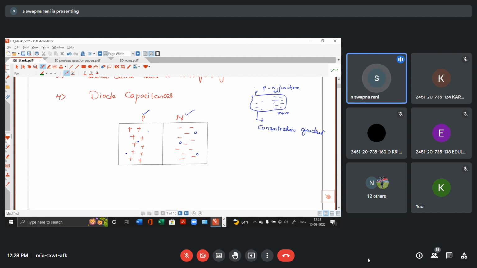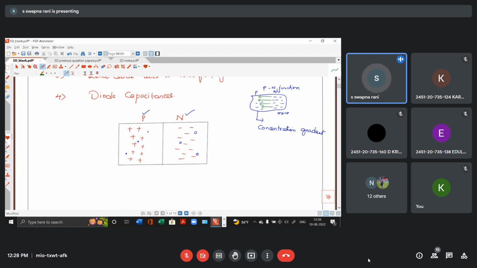Here electrons are more on the N side and fewer on the P side. If this is the case, generally the charge carriers will tend to move from the high concentration region to the low concentration region.